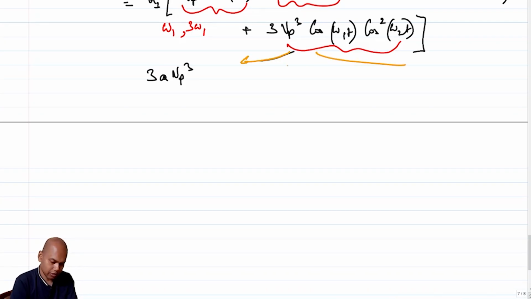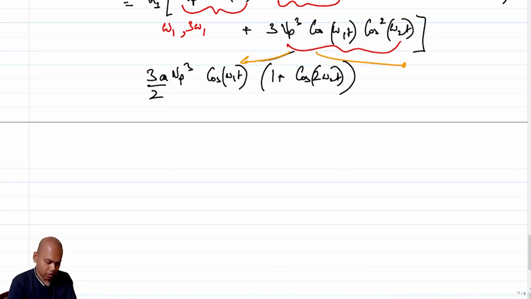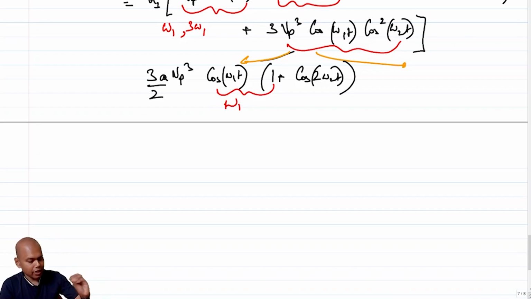I'm expanding this term, so I'm going to get 3a3 Vp cube, and I'm going to get cosine omega 1t, and cosine squared means I'll have by 2 here, 1 plus cosine 2 omega 2t, right? So again, this is going to give me one term for omega 1, which is a3 times Vp cube by 2.